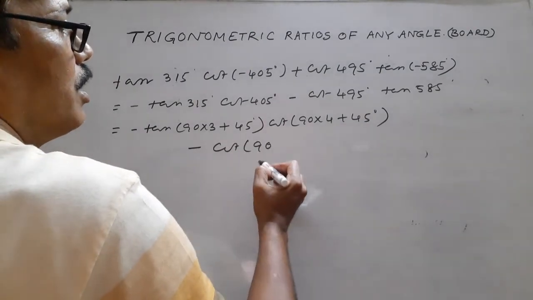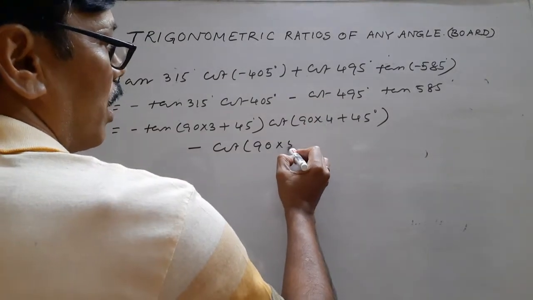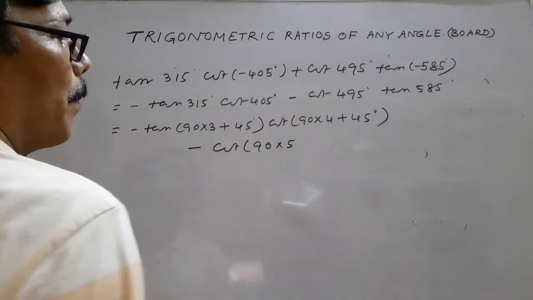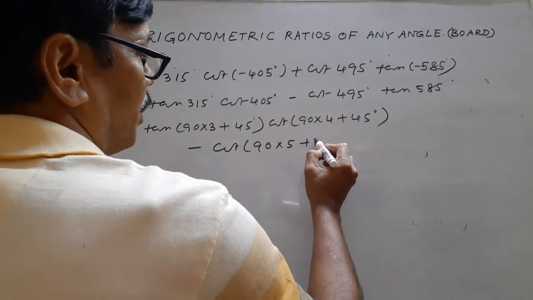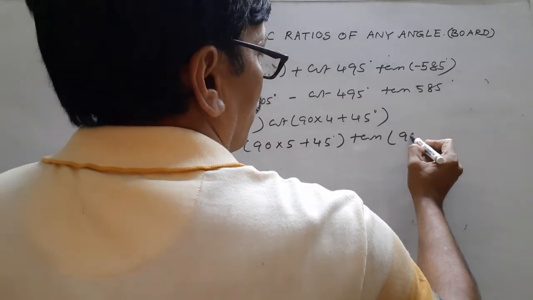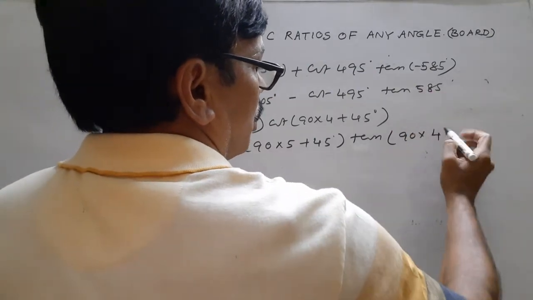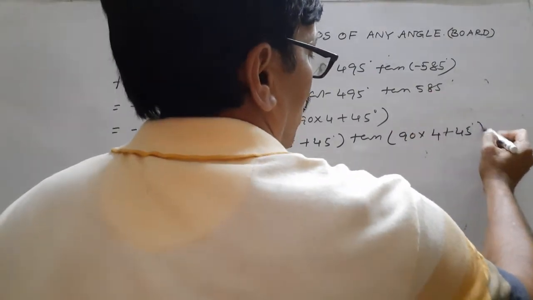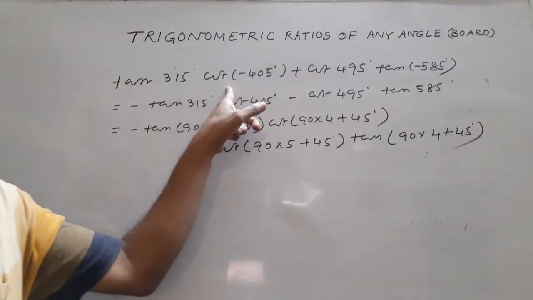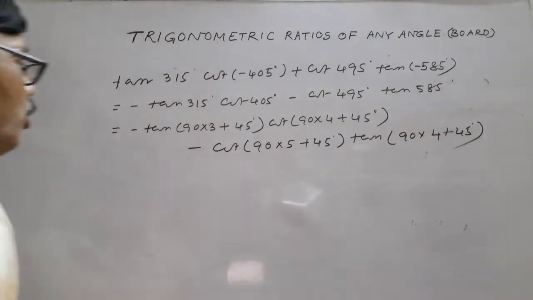Cot 90 into 5, 450, plus 45. tan 585: 90 into 6, 540, plus 45 degree. So first convert the negative angle to a positive angle, then use rule 1 and rule 2.